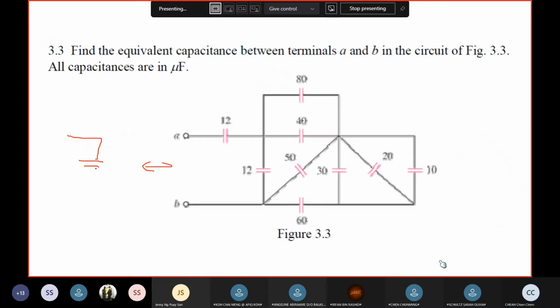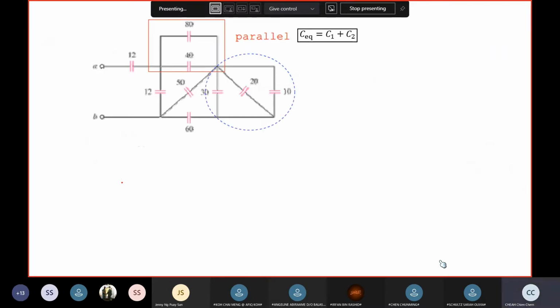I will start by simplifying these two that I have circled. Firstly, this is 80, this is 40, and they are parallel, because they are connected to the same terminal on both sides, or the same voltage basically applied across them. Same voltage means parallel.